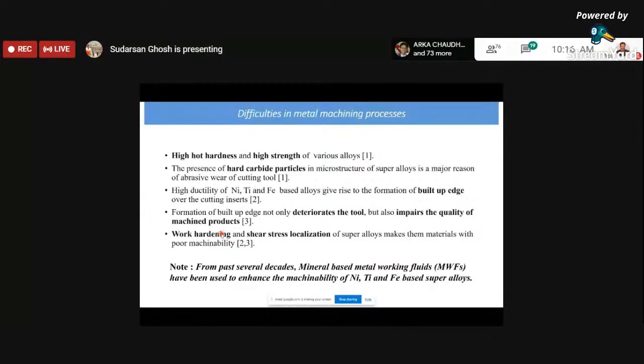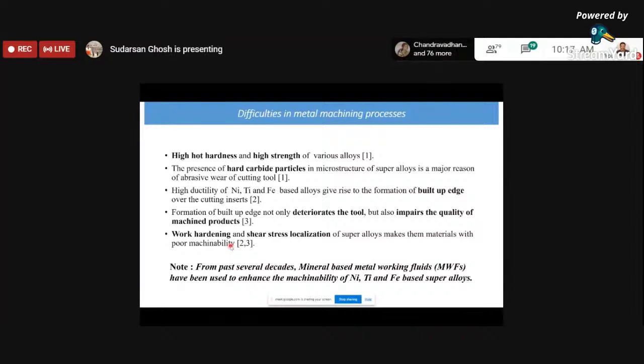And other than these effects on the cutting tool, on the work material itself you have some detrimental effects, like work hardening and shear stress localization of the super alloys. Work hardening, if you can recall, has one of its reasons in dislocation jamming. Initially the machining will be very smooth, but as time progresses and the material gets work hardened, the machining becomes more and more difficult.